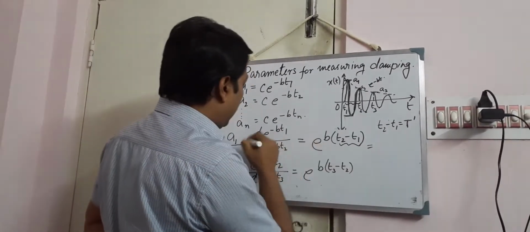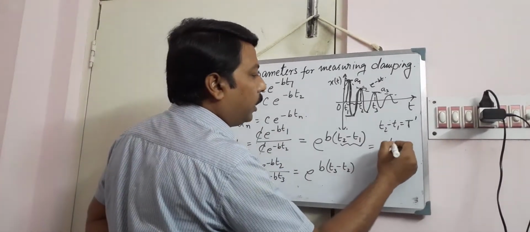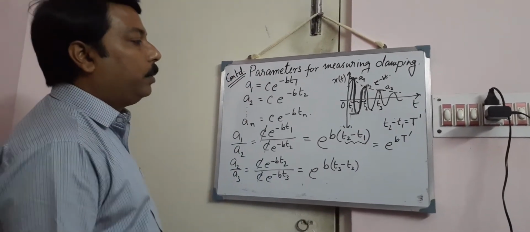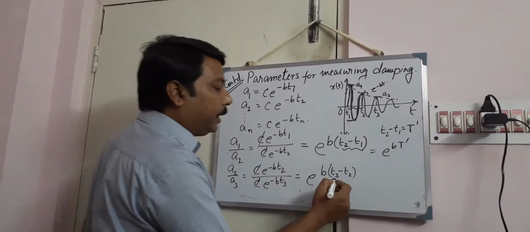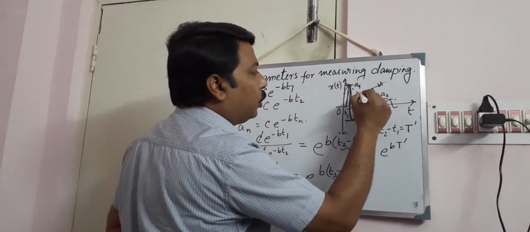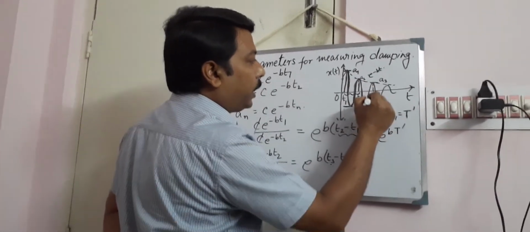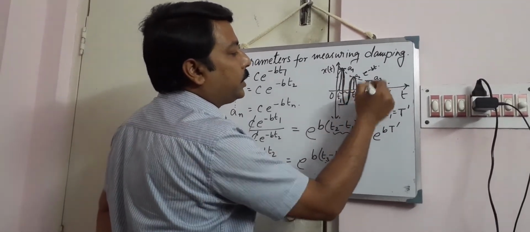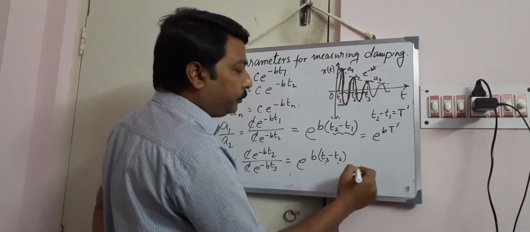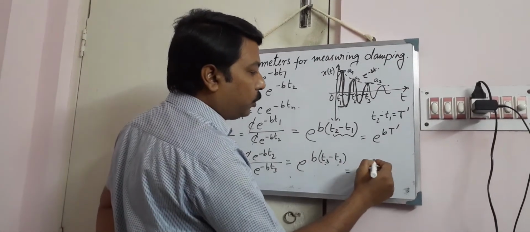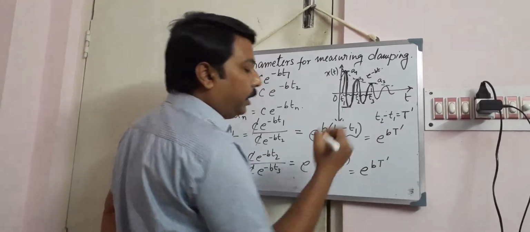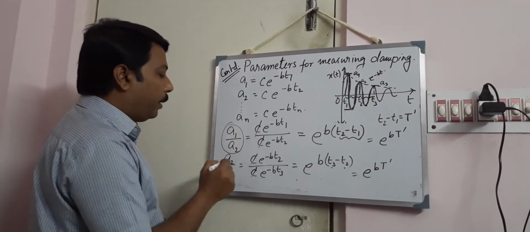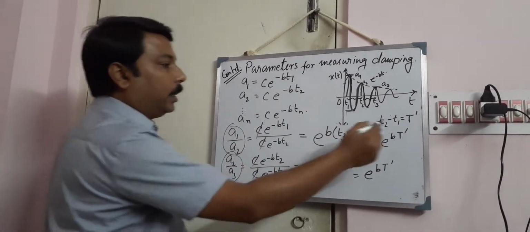So this ratio of a1 by a2 becomes e to the power b t prime. Similarly, t3 minus t2, so from a2 it goes to the other side and comes back, so t3 minus t2 is another time period. So this is also e to the power b t prime. As you can see, this ratio a1 by a2 or a2 by a3 remains fixed.